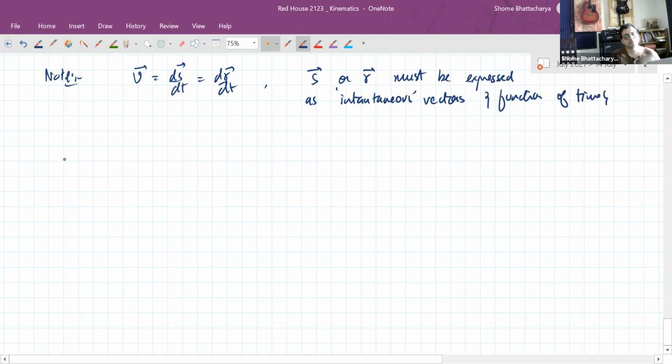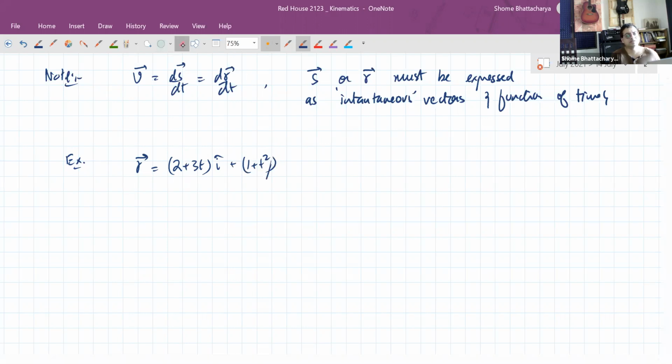Okay. So for example, in that previous question, we had seen that if the position vector was that thing, 2 plus 3t i cap plus, I think 1 plus t square or whatever, or 1 plus 2t square it was. Anyway, it doesn't matter. But suppose I'm sticking to the same question. So 1 plus 2t square j cap. Now here, what will be the instantaneous velocity?